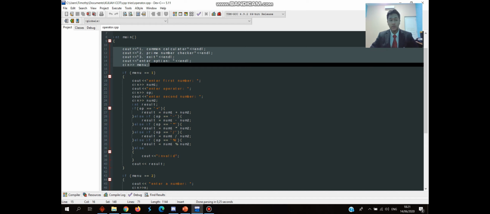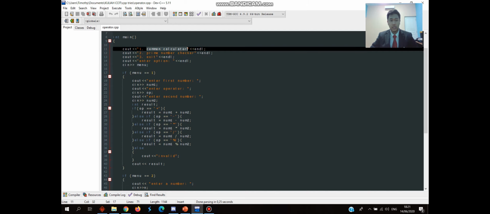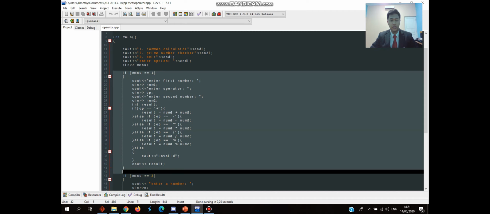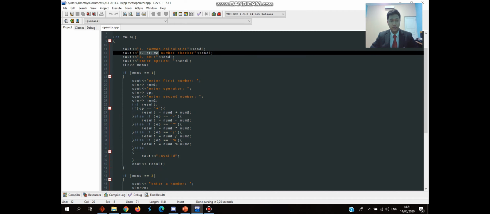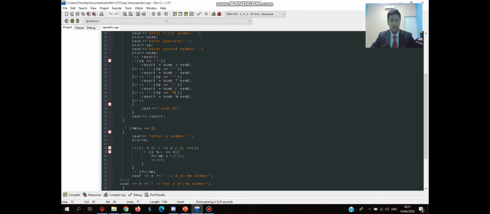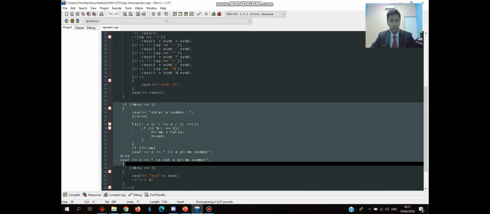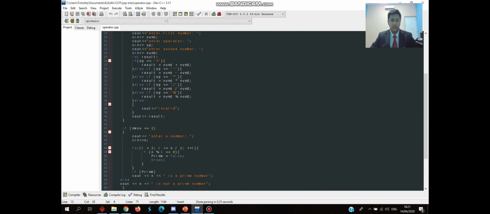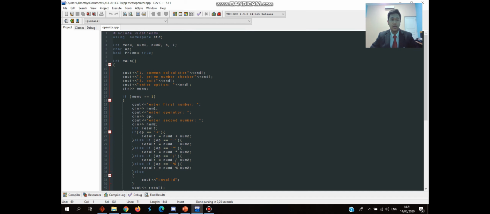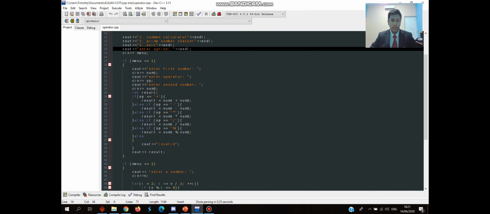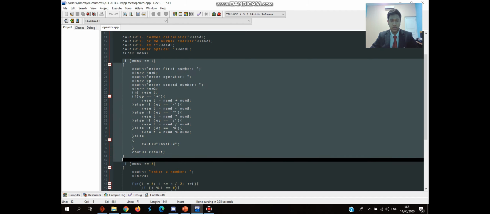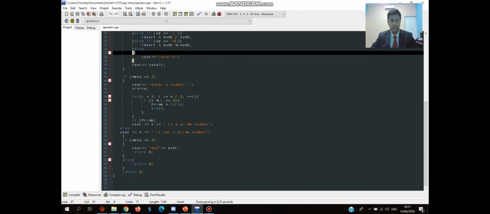The first option is the calculator command, so if this is chosen, the code over there will be executed. If the user chooses 2, the prime number checker, this piece of code will be executed too. And if 3, then this will be executed. This is the first menu option, the calculator, then the second one, and the third one.